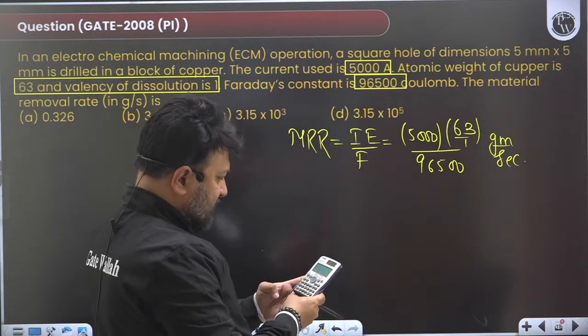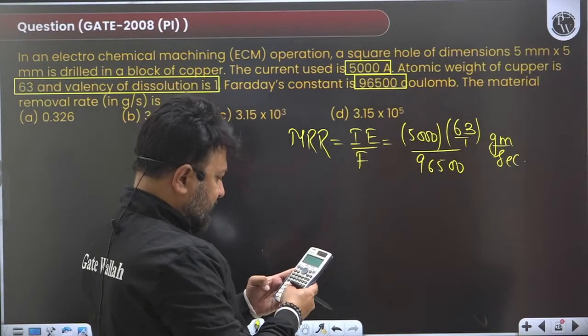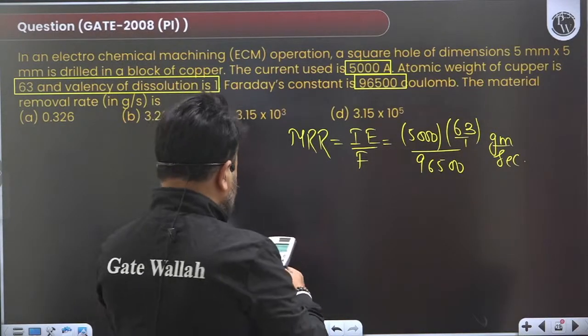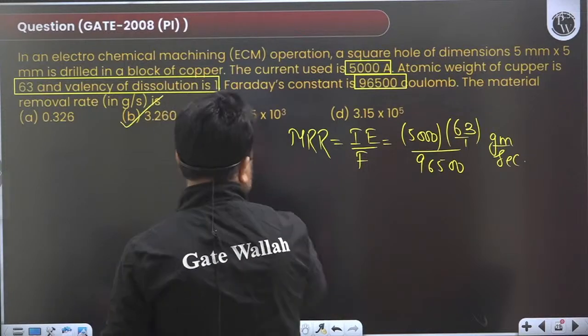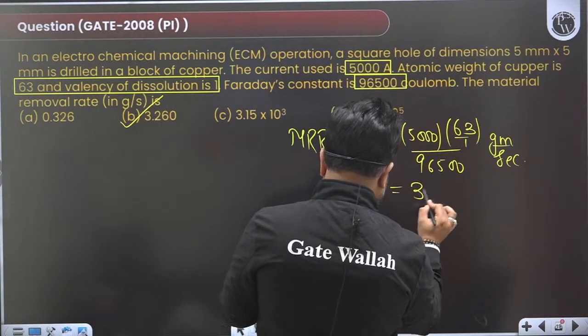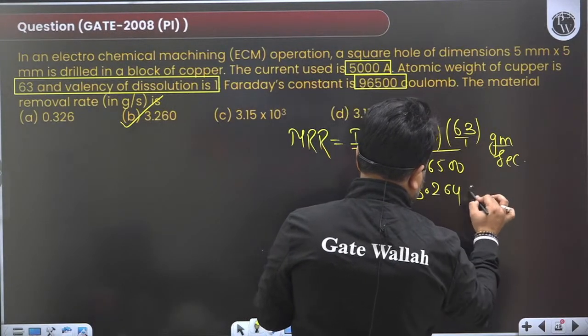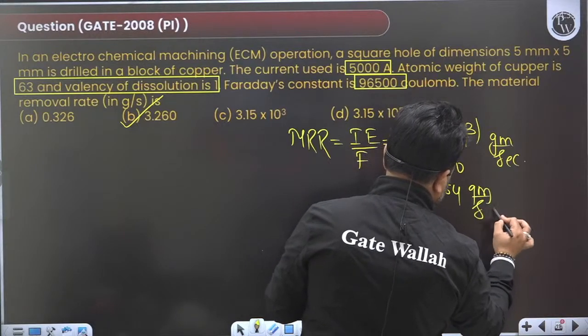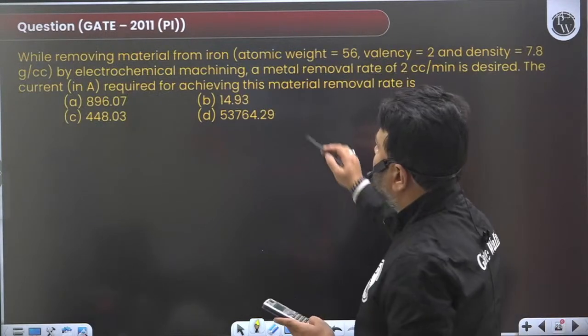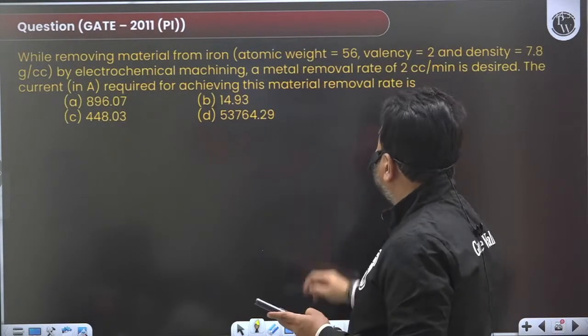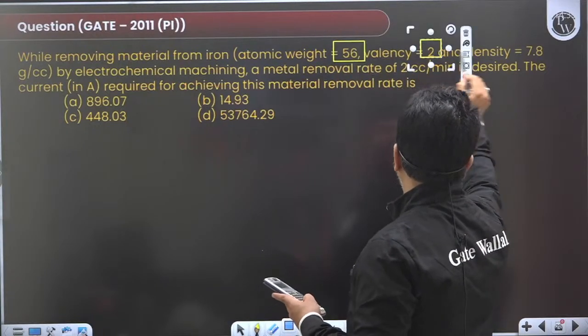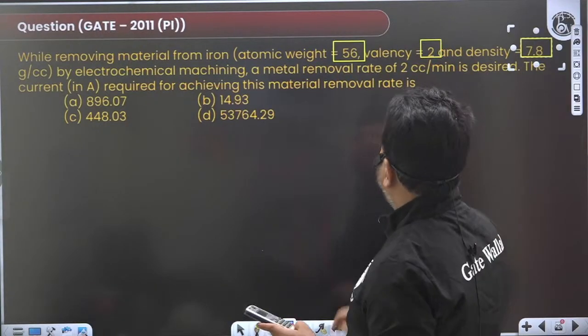So 5000 into 63 divided by 96500, that is 3.264 gram per second.